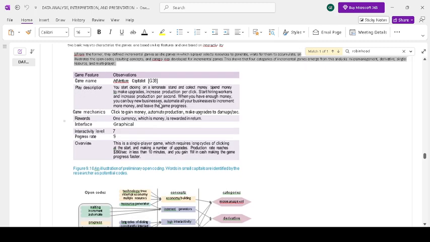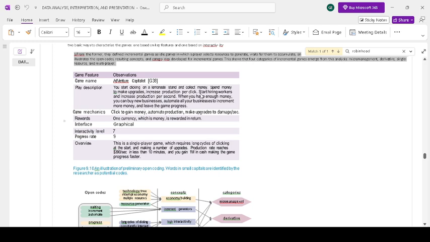So here, game name or game feature, Adventure Capitalist. Play description: you start clicking a lemonade stand and collect money, spend money to make upgrades, increase production per click, start hiring workers and increase production per second.